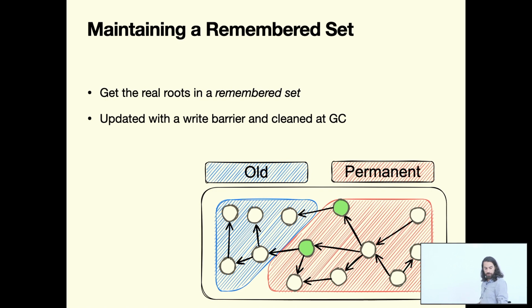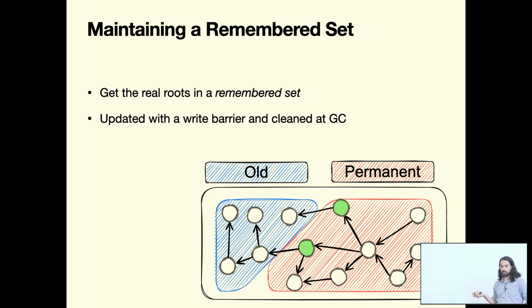This is a kind of standard technique for garbage collector building, but now we are maintaining a remembered set between the permanent space and the old space, and we are maintaining it with the write barrier, so we are updating it in the write barrier and cleaning it during GC. So this is kind of a standard thing.